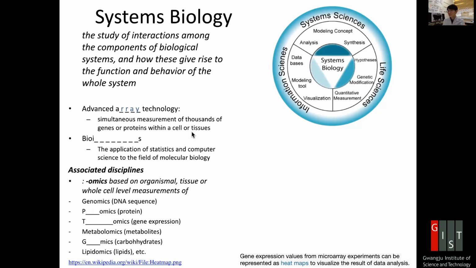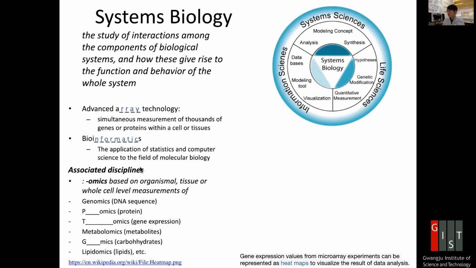And this can be studied by the advance of bioinformatics. Bioinformatics is the application of statistics and computer science to the field of molecular biology. And that has been associated with many disciplines.